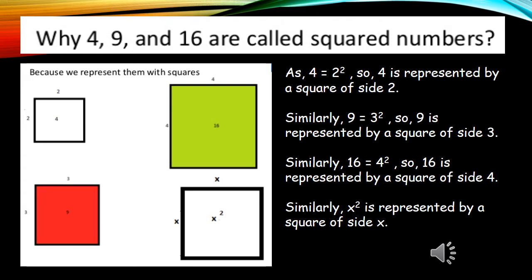Similarly, x square, the last square shown in the figure, is represented by a square having each side equal to x, where x is a variable.